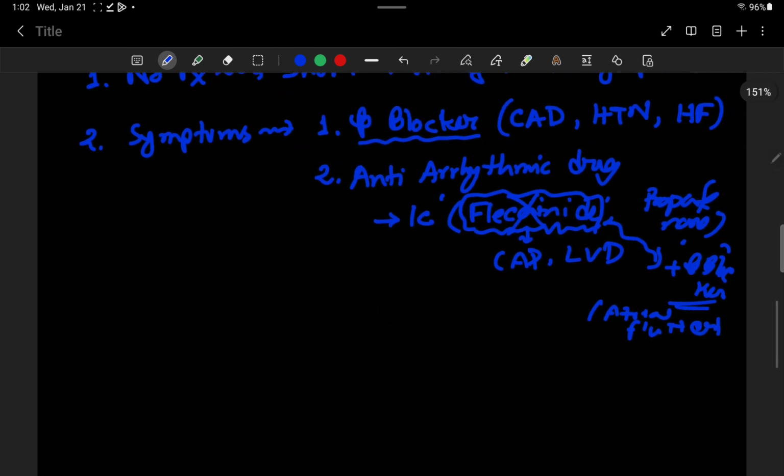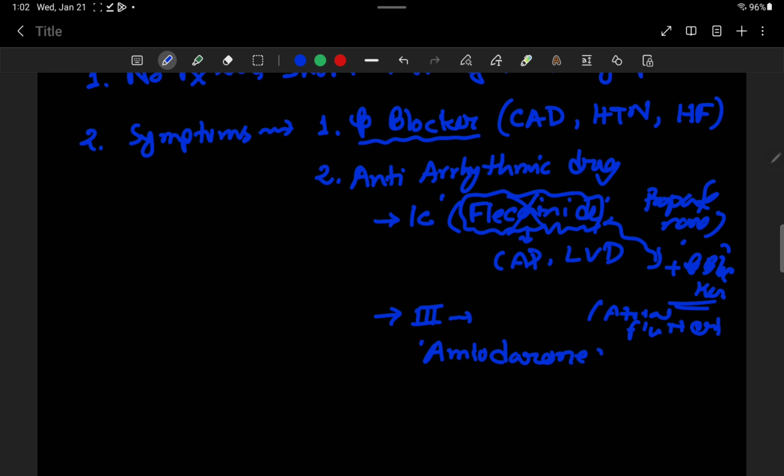Now the third option is another class, a class 3 antiarrhythmic drug, most effective, but you give it in the last stages or in refractory cases. That is amiodarone.